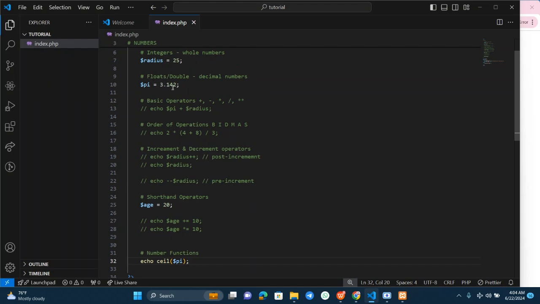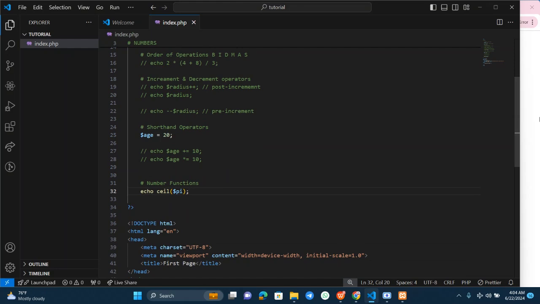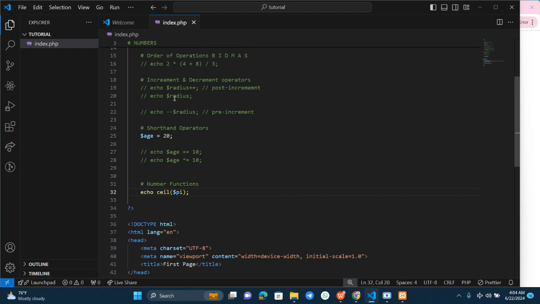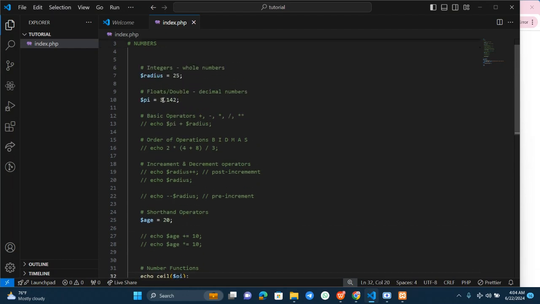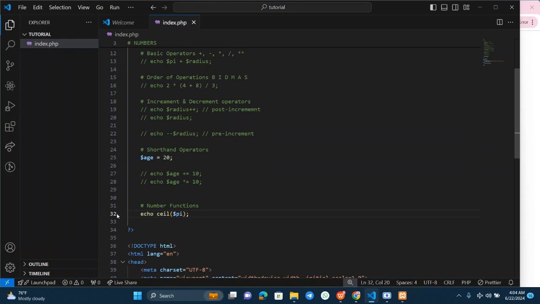Looking at this, this is 3, and the next integer will be 4. So it is not just rounding, it is taking it up. Can you see this is 4? If this is to be 5, then the next will be 6, and so on and so forth.